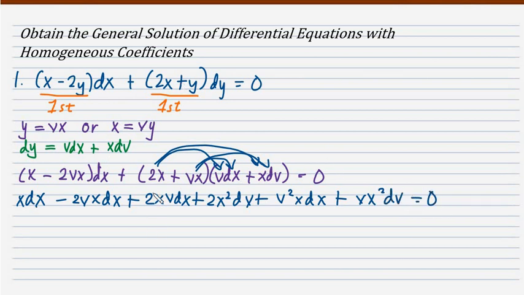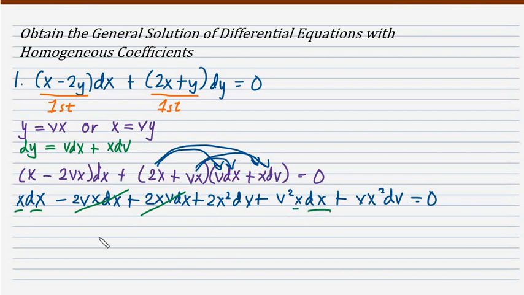Notice here that we can simplify some terms because they are like terms. Here we have 2vx and 2xv, both cancel out. For our dx terms, the common term is x.